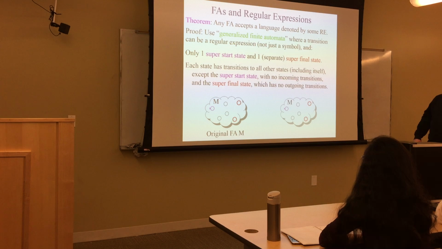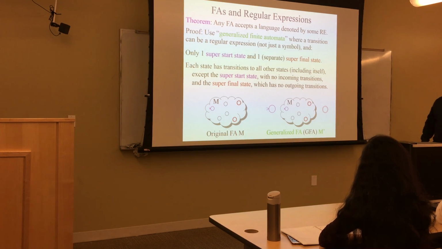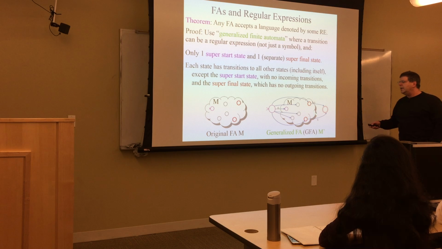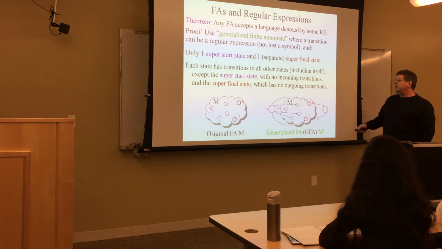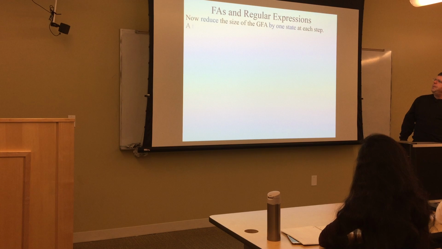And basically, any finite automaton can also be denoted, in terms of the language it recognizes, by a regular expression. That conversion is a little more involved. We talk about finite automata that have a generalized expression on each one of the arcs. Rather than a single character transition, you can transition on regular expressions more generally.